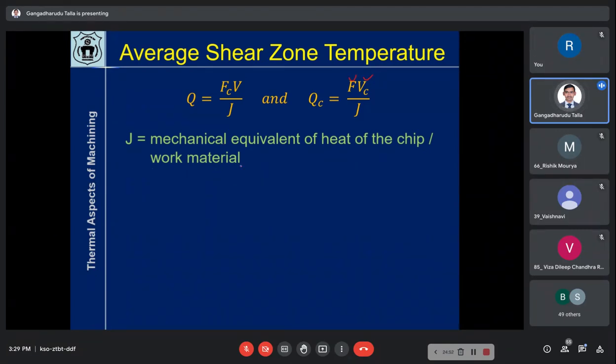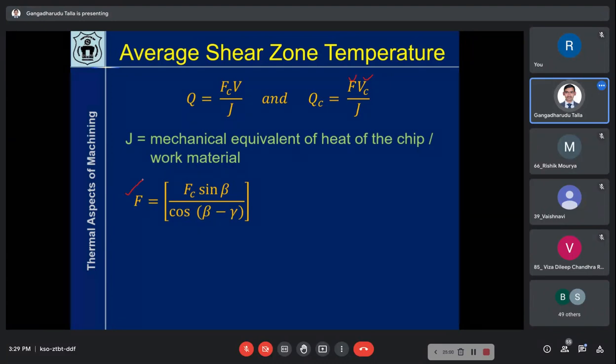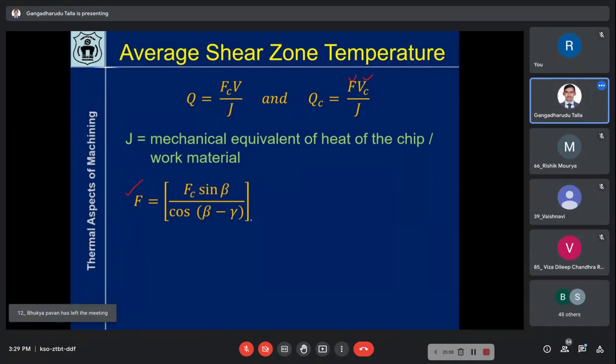And workpiece. So you can write, this is from the Merchant circle diagram, F, the friction force, is equal to cutting force into sine beta divided by cos beta minus gamma. This is from the Merchant circle.